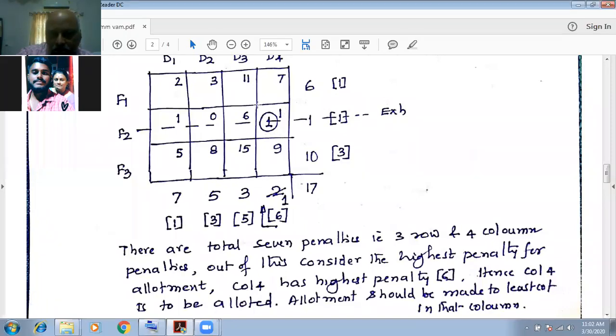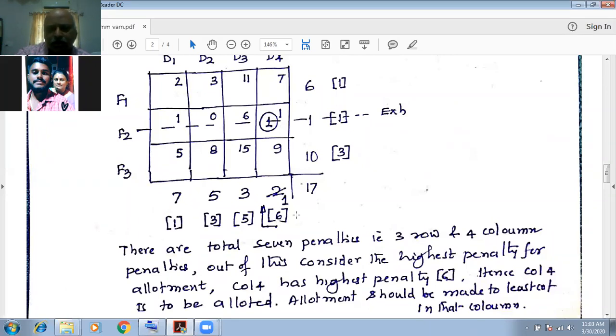To this cost, you have to make an allotment, keeping in mind the row constraint as well as the column constraint. Based on the penalty, you have to identify the cell for allotment. That is most important. So we have identified the cell number 24, second row, fourth column, because this is the one which belongs to the least cost assigned to the highest column penalty in this case.